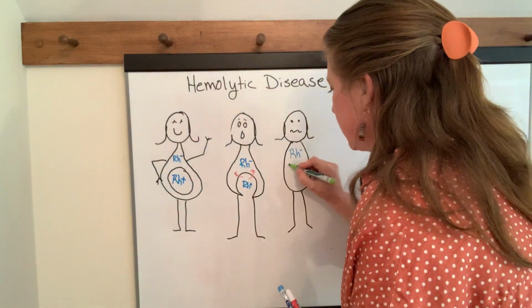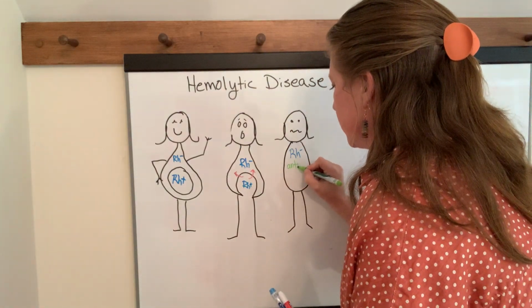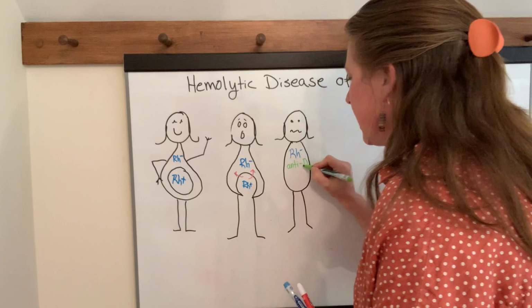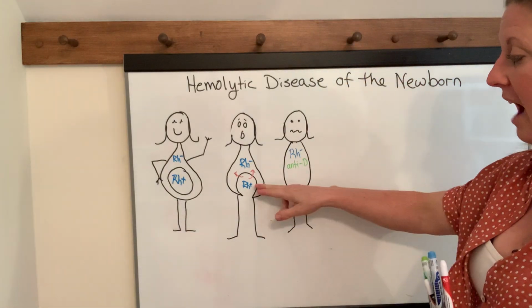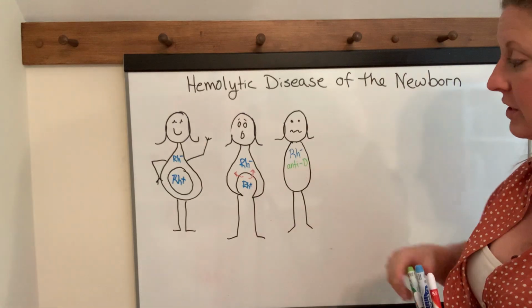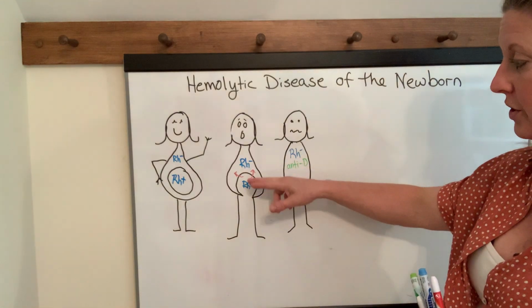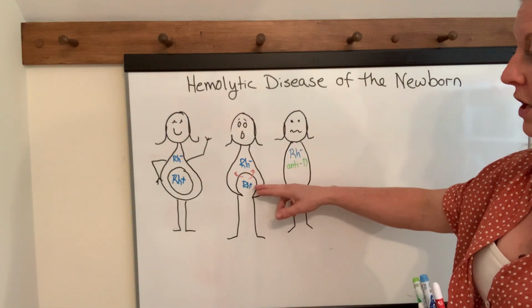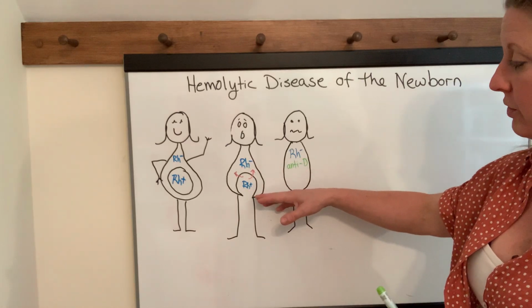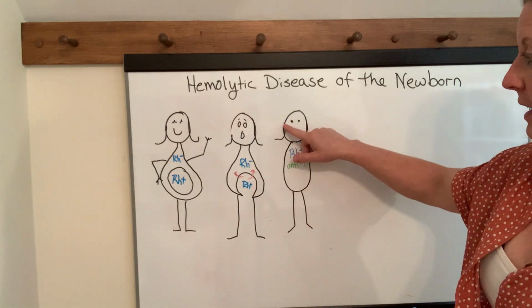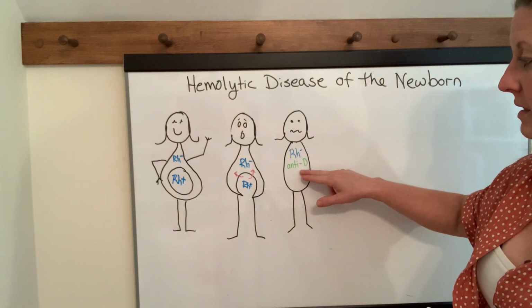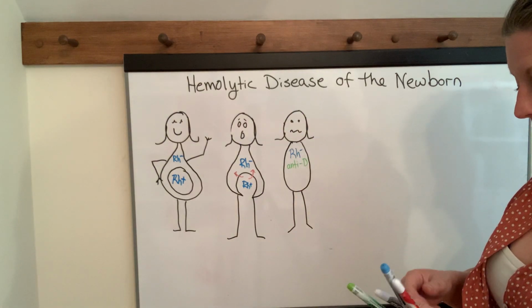So mom's immune system makes anti-D antibodies after the first child, after exposure to the D antigen. This is her first exposure to the D antigen, normally during childbirth or towards the end of the pregnancy. So after that pregnancy, she begins to make anti-D antibodies.